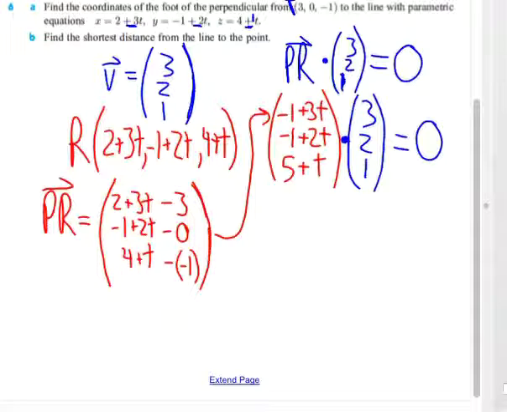Does everyone get how we set up our equation now? Yeah. We good? Yeah. Alright, so take it from there and solve it. You guys know how to find the dot product of 3D vectors.